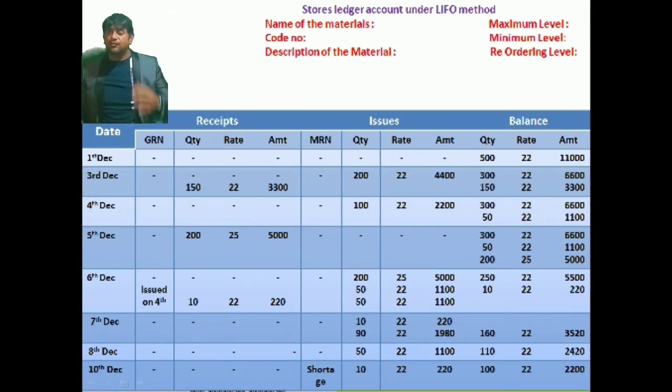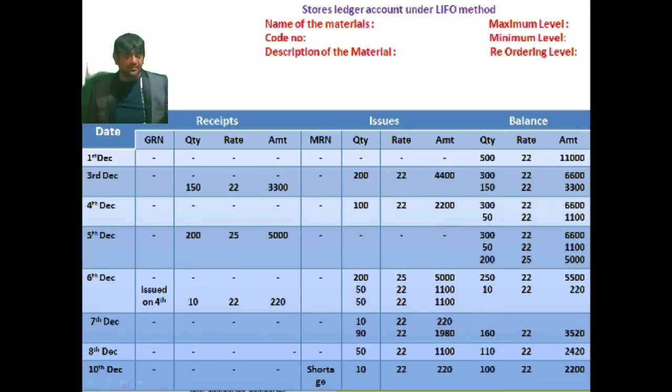Under balance, copy the same balance of 4th December: 300 units at rupees 22 each, 6,600; 50 units at 22 each, 1,100; and 200 units at rupees 25 each, 5,000 rupees. So this is the balance as on 5th December.